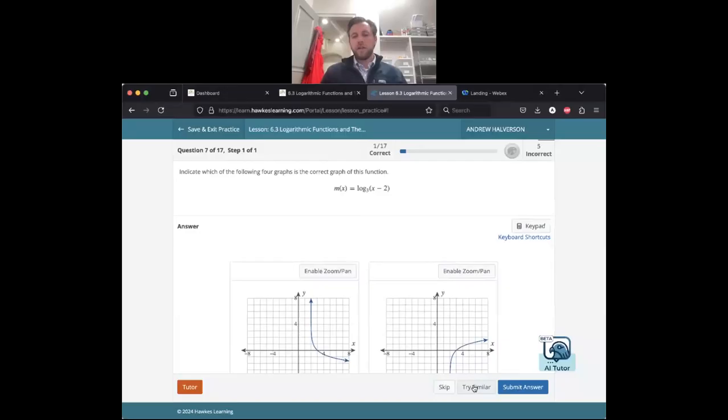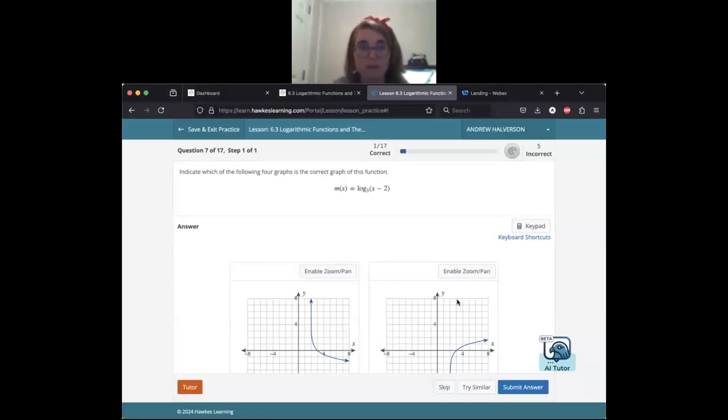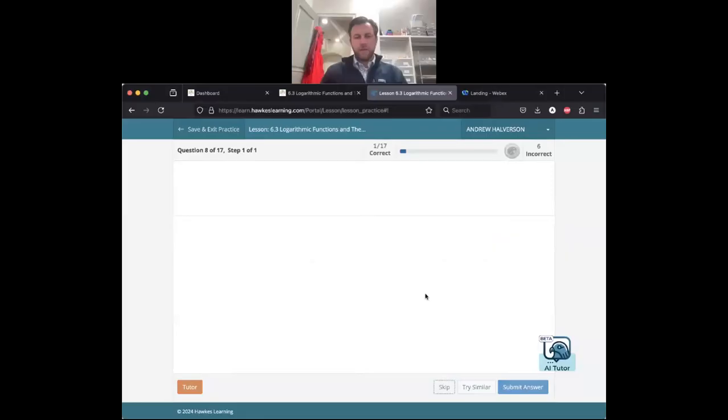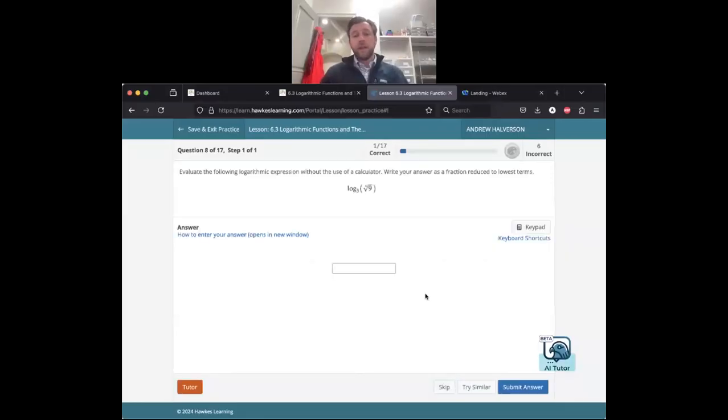In Desmos we would put log and something in parentheses, whatever the x minus 2 part is. Let me see what we need. This is the same thing, it's translation. You want to translate it using b to the x equals n.